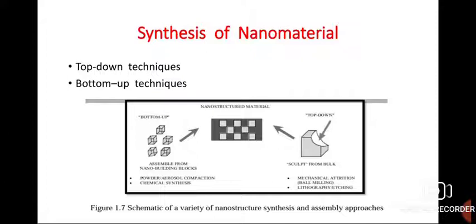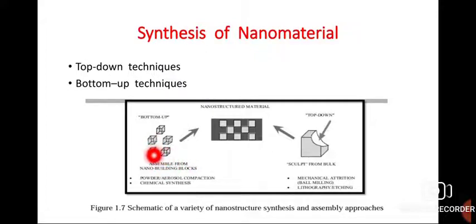So what is meant by the bottom-up technique? In the bottom-up technique, the smallest parts are gathered and formed up into the bulk one. The same technique is explained by this diagram. You just observe this diagram. Let us start with this direction. Here you have the assembly from nano building blocks.